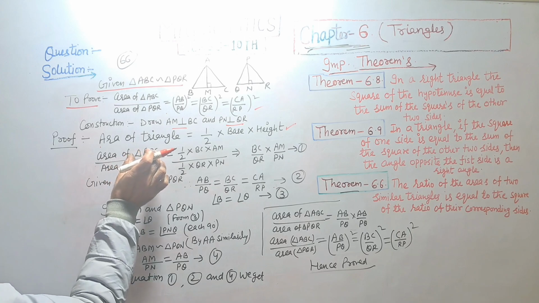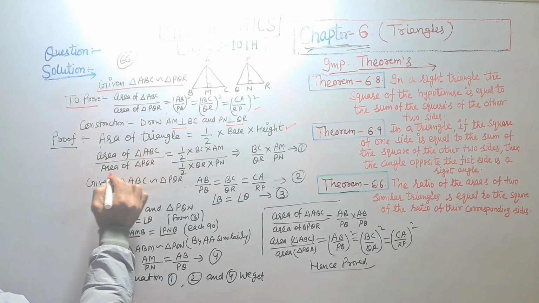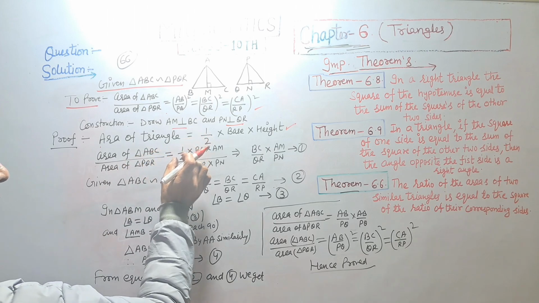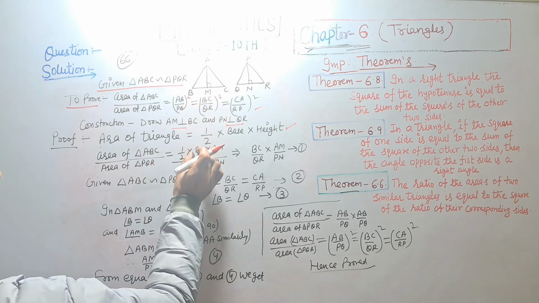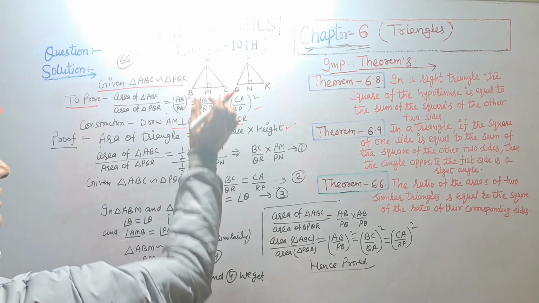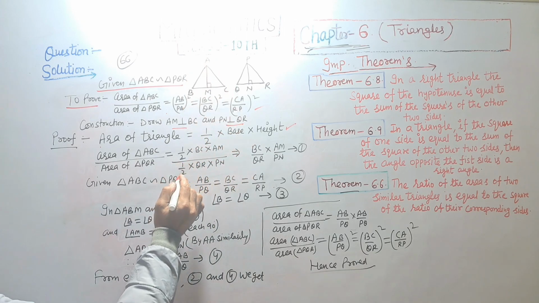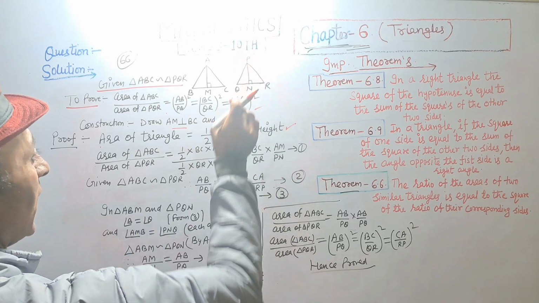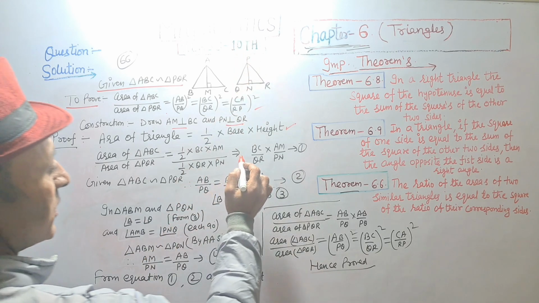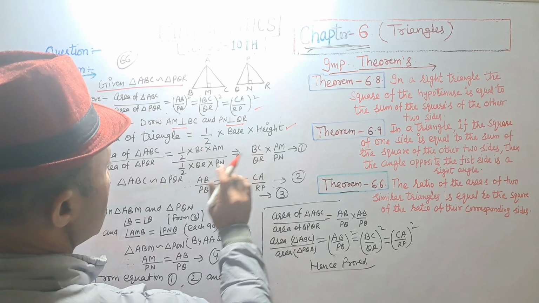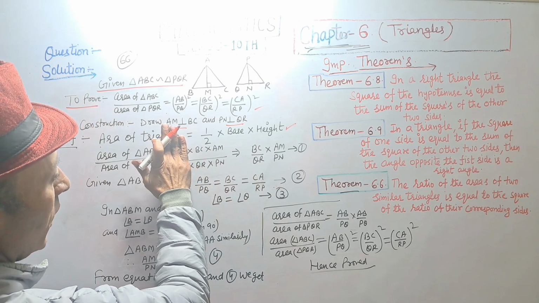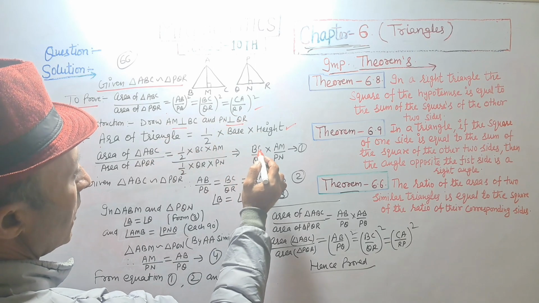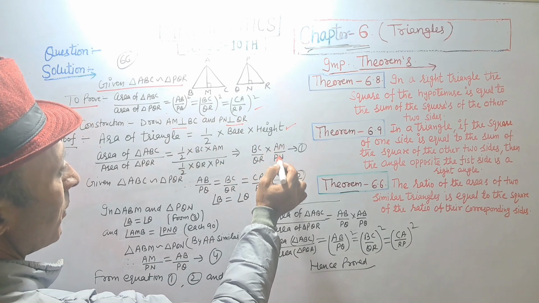Area of triangle ABC divided by area of triangle PQR is equal to half into base BC into height AM divided by half into base QR into height PN. This implies BC upon QR into AM upon PN.